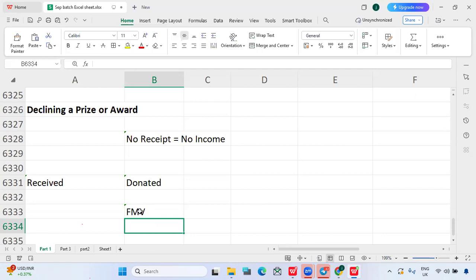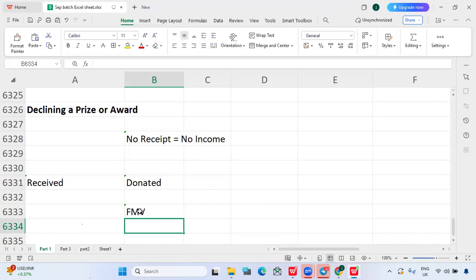Fair market value is the price at which property would change hands between a willing buyer and willing seller with full knowledge of the product, and neither one should be forced to sell or buy. In that case, we call it fair market value, which is an arm's length transaction.